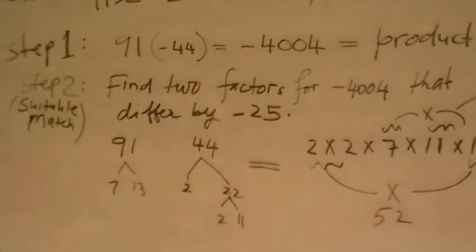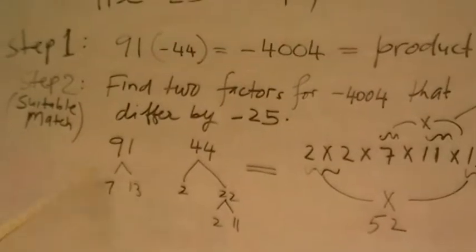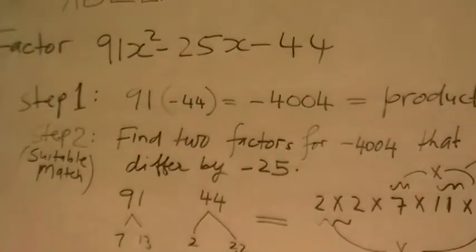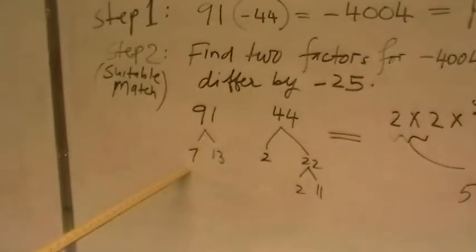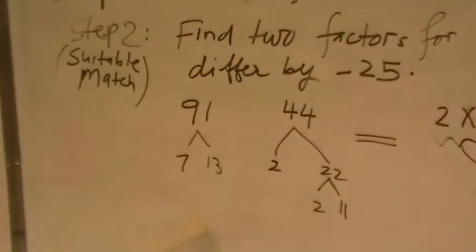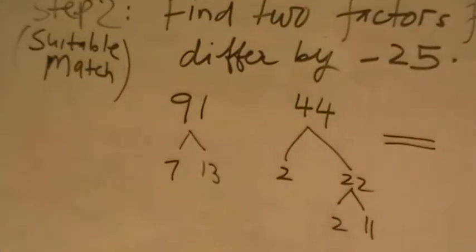If you go back to the prime factoring, 91, which is one of the two product numbers, will have its own prime numbers of 7 and 13.